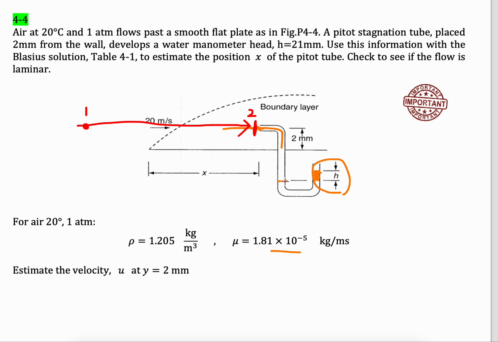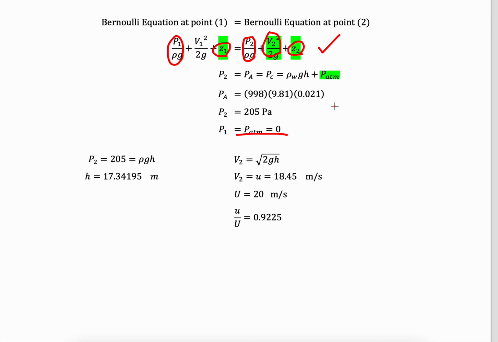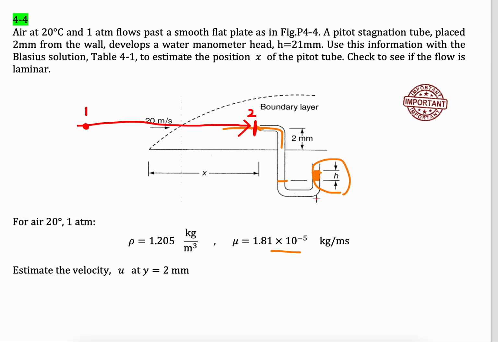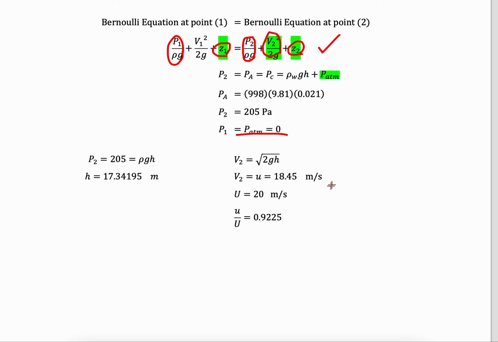So it is equal to rho gh of this height. We could calculate that it is equal to rho gh, where rho is the density of the fluid.